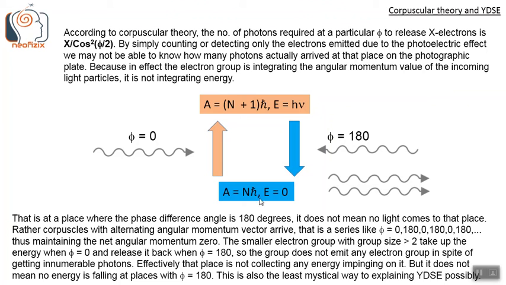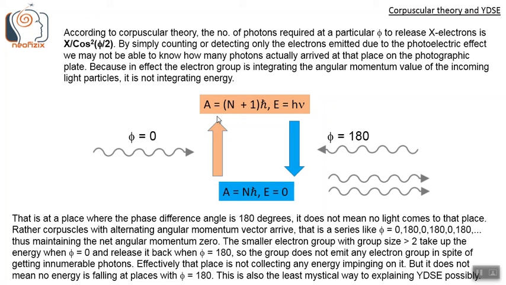So when the parallel photon comes, they absorb the energy. When the anti-parallel photon, or the photon with 180 degree difference between the angular momentum vector, comes, that is not only reflected back, the older energy that was absorbed is also released. So these two photons are released. So if the system is at A equals N h bar and E equals 0, one photon comes which is aligned with this N h bar.